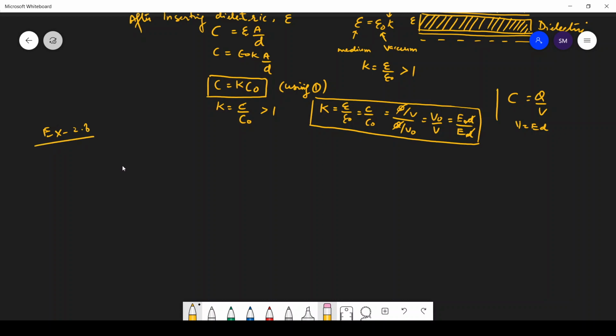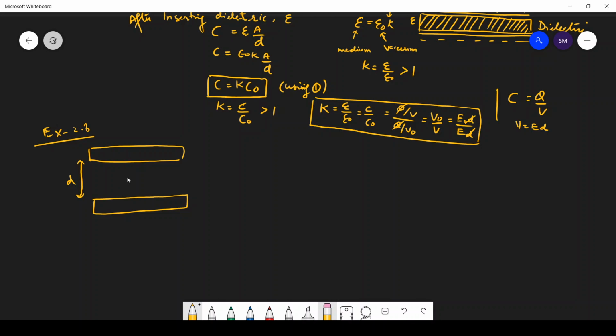We have a slab of material with dielectric constant K that has the same area as the plates of a parallel plate capacitor, but has a thickness of 3/4 D. So these are our plates, the area is the same, and this is the distance D between the plates of the capacitor.